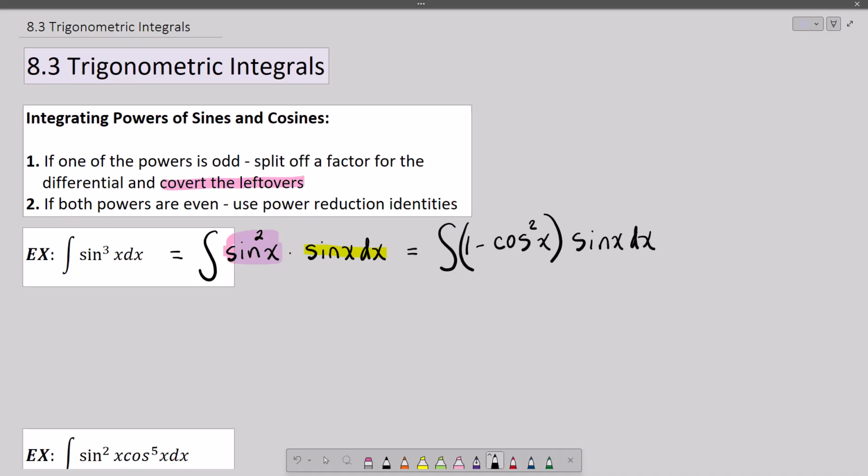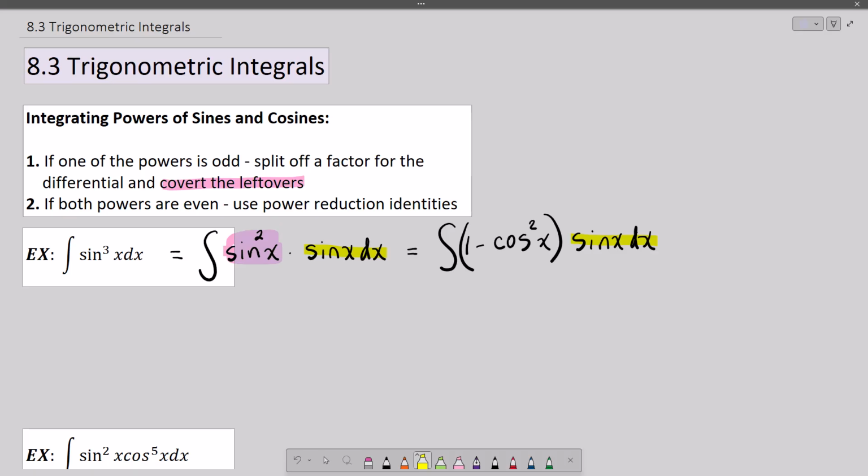And now we are ready for u substitution. Remember, we pulled off this factor for the differential. If we let u be cosine, its derivative is right there. All right, so the piece that we pull off is going to be the derivative, or a multiple of the derivative, a derivative-ish of whatever we convert it over to.